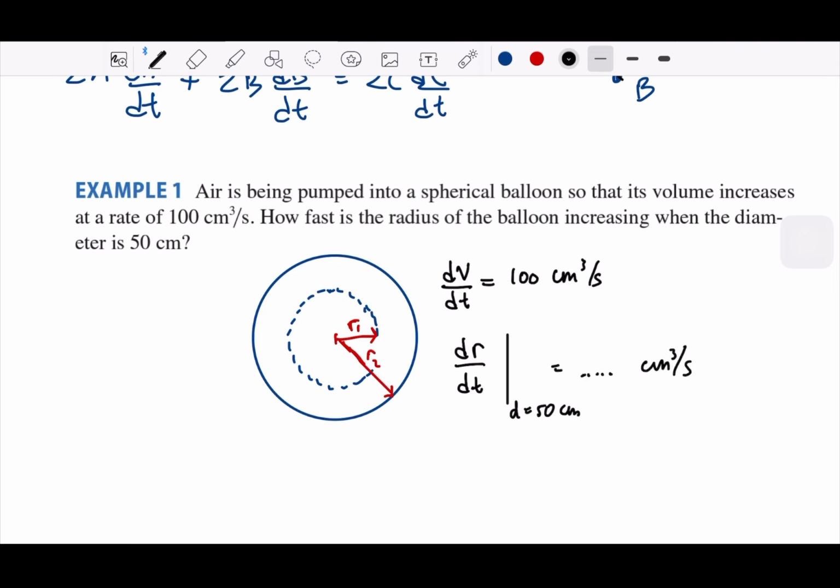Okay, that's how to imagine the question. Or maybe you can write the d as r. So r is 25.